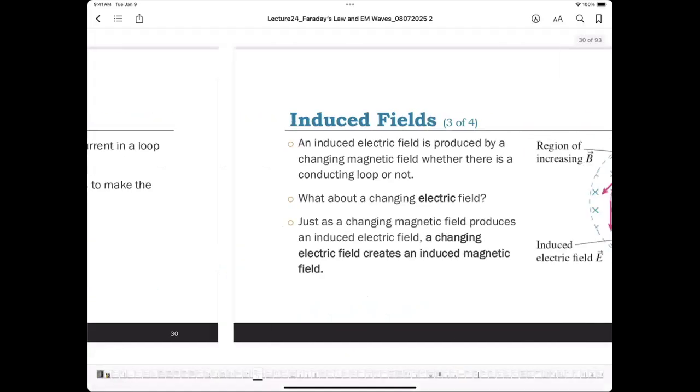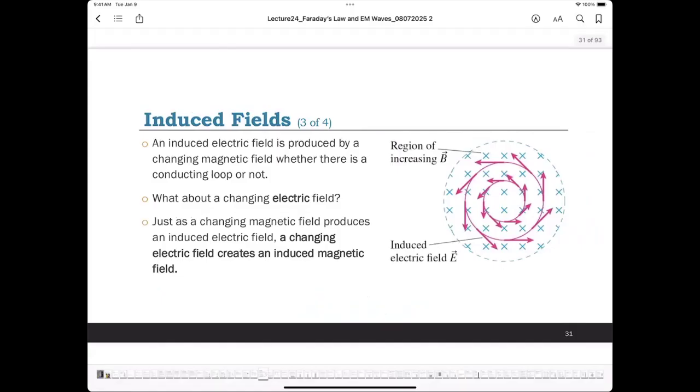Okay. And an induced electric field is produced by a changing magnetic field, whether there is a conducting loop or not.